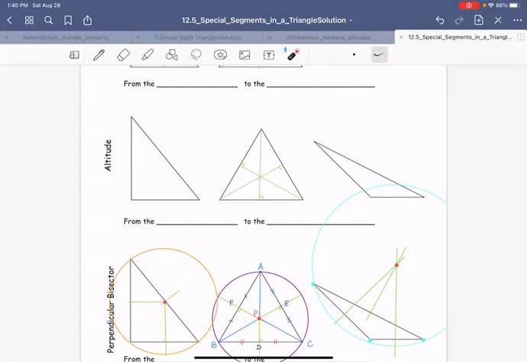Next, we want to draw the obtuse triangle. Everybody, please draw on your own paper, okay?